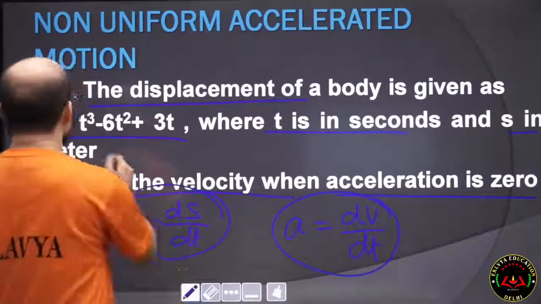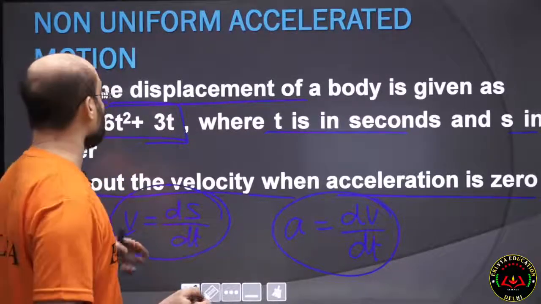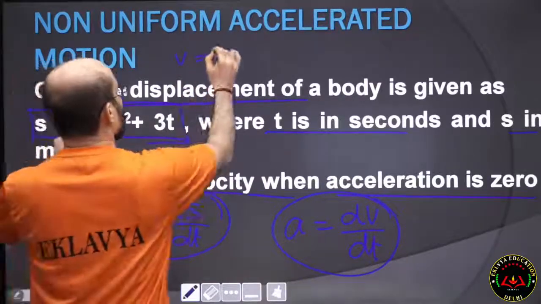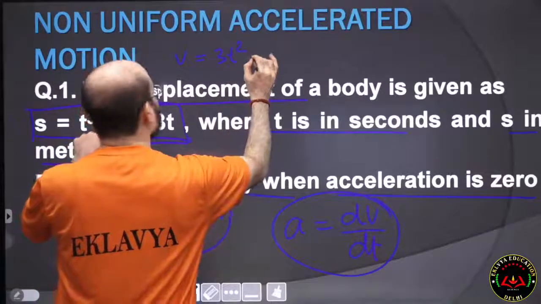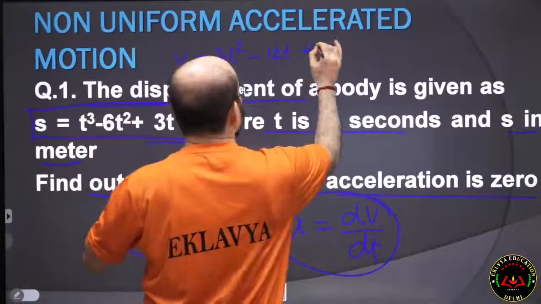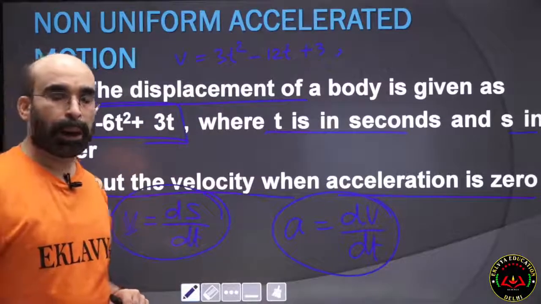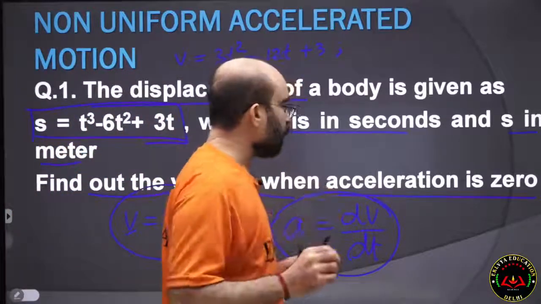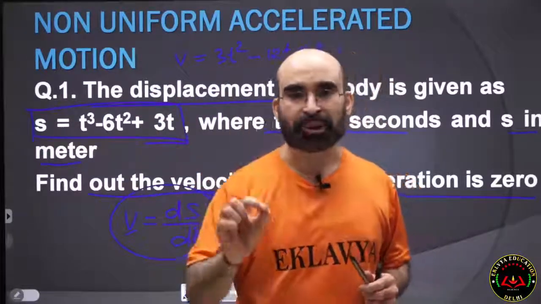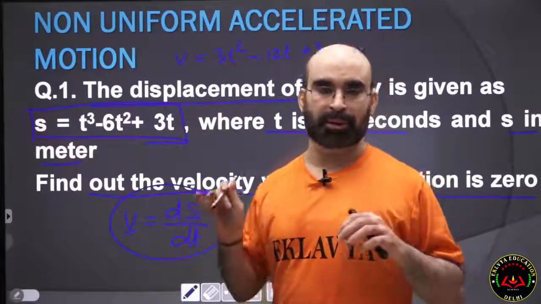Very simple. You have got the expression right here. So just quickly do this. We have s, so the value of velocity would be 3t square minus 12t plus 3. This is the value of velocity. But we need to find out the velocity at the moment when acceleration is 0. So obviously we need to find out the acceleration also.